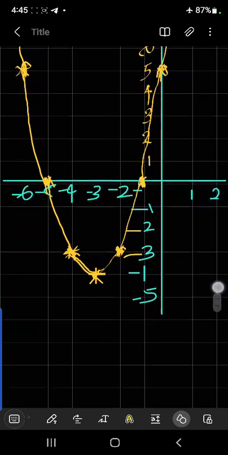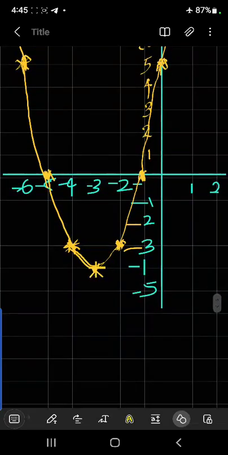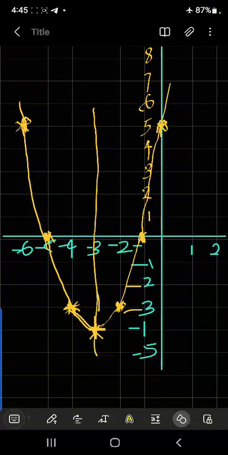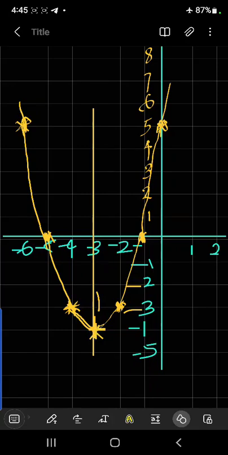So now about this curve, you notice this is the turning point. And again, let me explain with this point here. We call it the line of symmetry. This line here, line of symmetry.